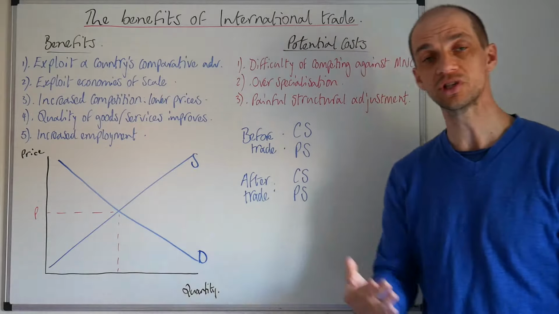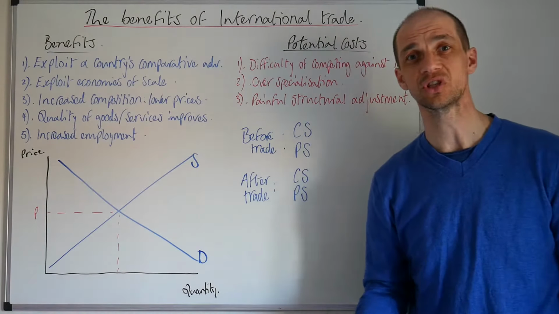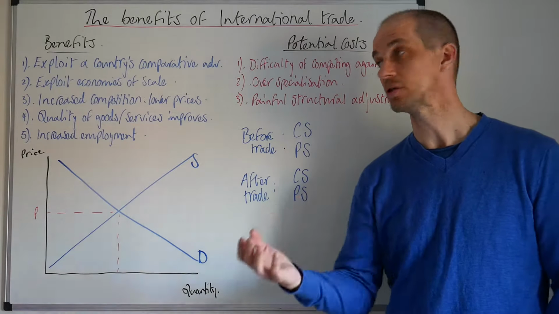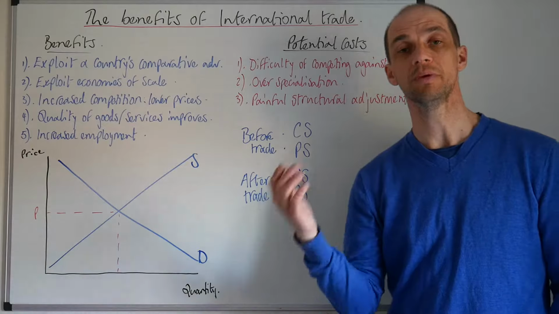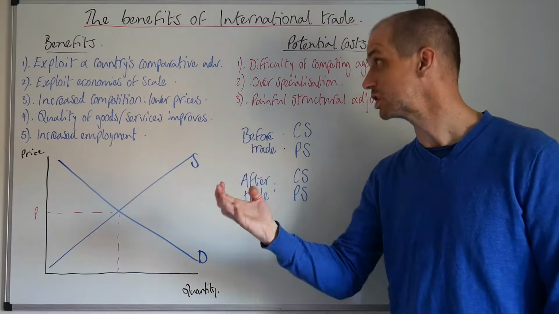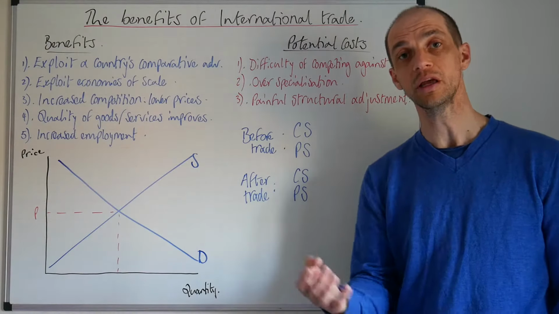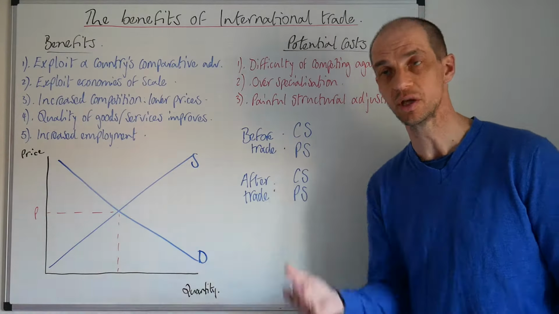Moreover, as a result of that specialisation, you can also exploit economies of scale. That means the firms working within those sectors will be able to employ and invest in specialist capital machinery which is necessary for the production of those goods or services.